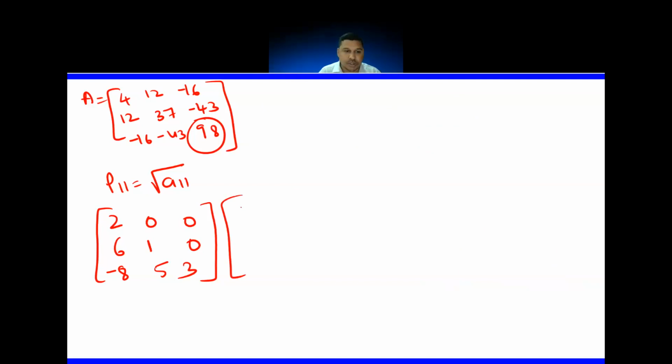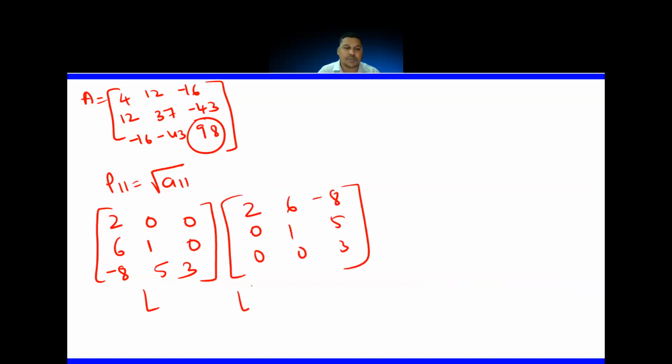If I write that way, it becomes 2 0 0, 6 1 0, minus 8 5 3. So this is L, and this is L transpose. We are able to represent this matrix A as L times L transpose. This is Cholesky decomposition. If you multiply these, you still get the original matrix. Your original matrix stays the same, you will not have any difference. You get the same answer. So this is Cholesky decomposition.